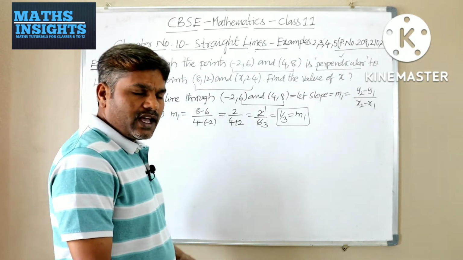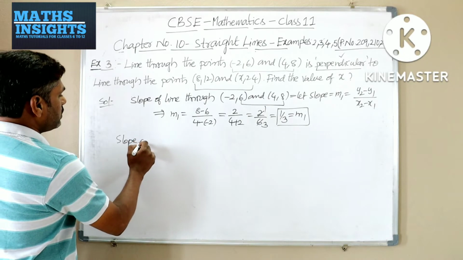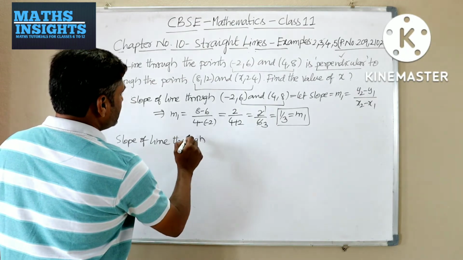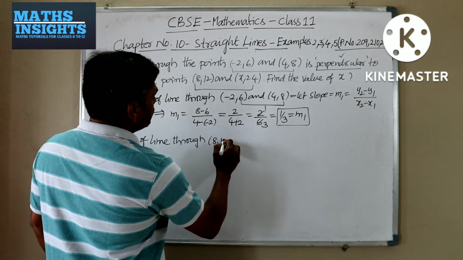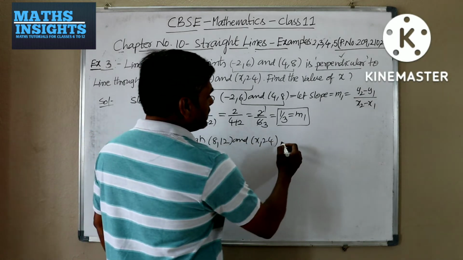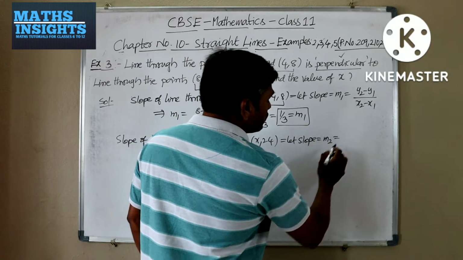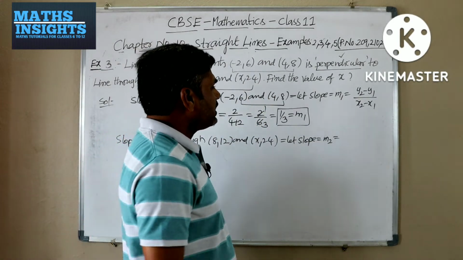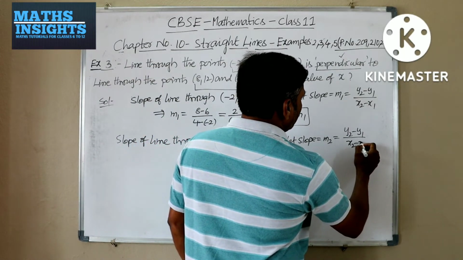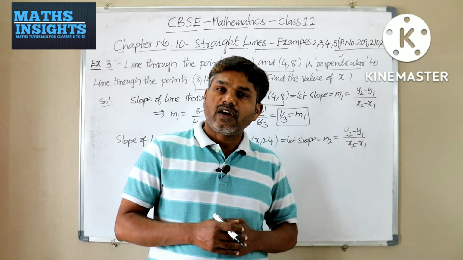In a similar manner, I will find the slope of the second line also. Slope of the line through, what are the second 2 points? 8 comma 12 and x comma 24. Let the slope of this line be m2, so it's a different one, and I am giving a different representation. Similarly, y2 minus y1. You have to write formulas many number of times, then they will stay in your mind for a longer time.